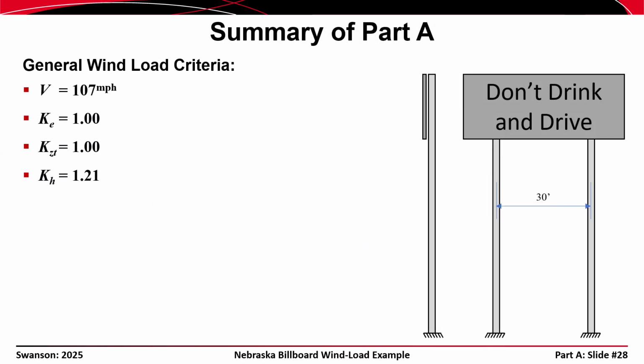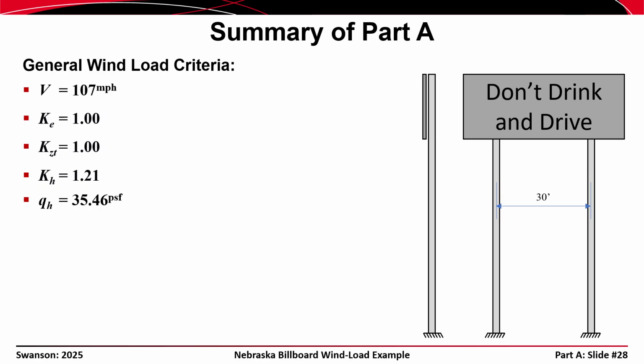To summarize what we've accomplished so far, we've determined that the basic wind velocity for our billboard, a risk category 1 structure, is 107 miles per hour. We have further determined that we will conservatively use an elevation factor, K sub e, equal to 1.0. Next, we determined that for a flat, open site, the topographic factor, K sub zt, should also be equal to 1.0. Then, for a sign with a height of 80 feet, with an exposure condition C, we determined that the velocity pressure coefficient, K sub z, was equal to 1.21.